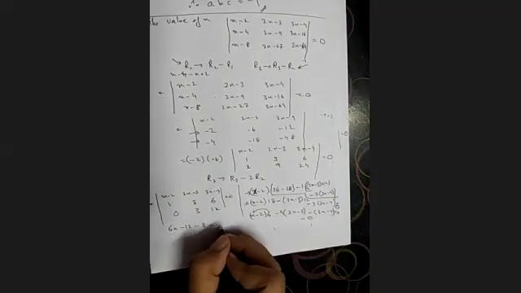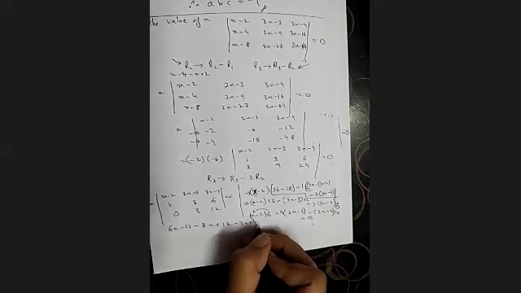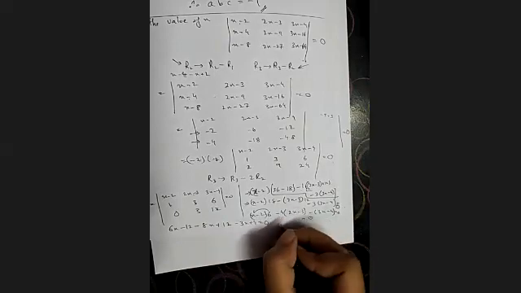You will get 6x minus 12 minus 8x plus 12 minus 3x plus 4 is equal to 0. Add all the x terms, simplify this, and finally you will get the answer as x is equal to 4.